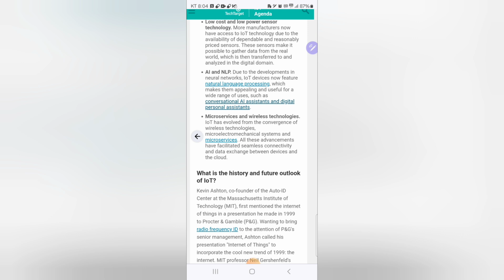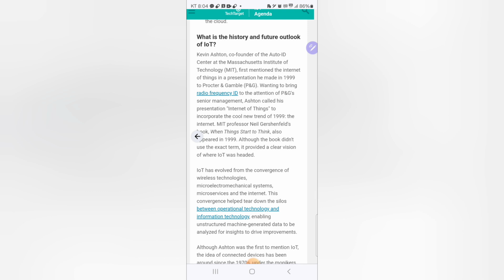Microservices and wireless technologies. IoT has evolved from the convergence of wireless technologies, microelectromechanical systems, and microservices. All these advancements have facilitated seamless connectivity and data exchange between devices and the cloud.